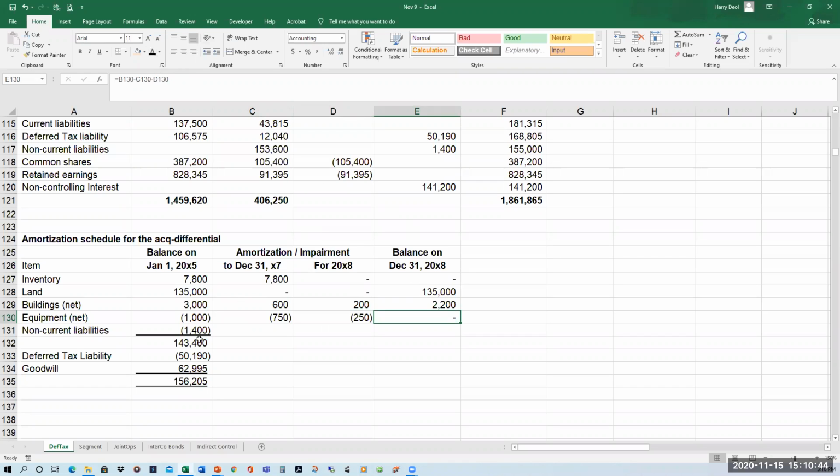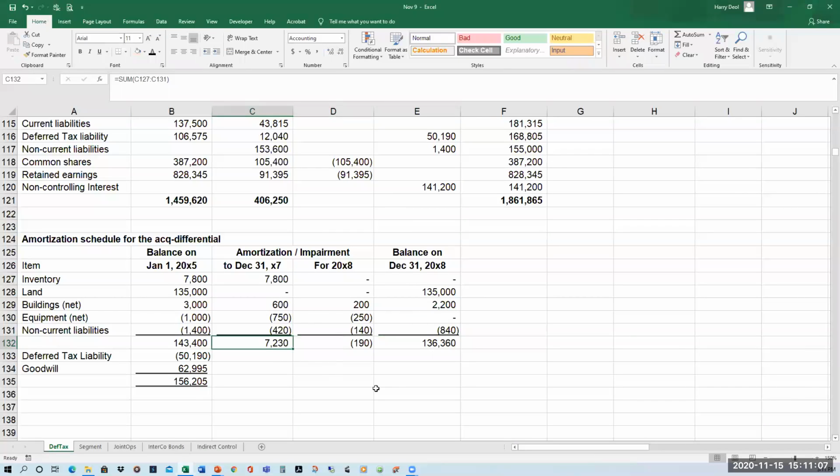For the non-current liabilities, they had 10 years to go. So negative 1,400 divided by 10 works out to negative $140 each year. 3 years, 420. For year 8, 140. Remaining unamortized, 840. You add up vertically, you get these amounts.